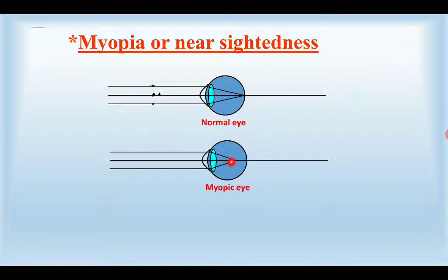So the image is formed over here and the person is not able to see the object clearly. This is happening because of the increase in curvature of the eye lens or the increase in length of the eyeball. So this is a myopic eye.